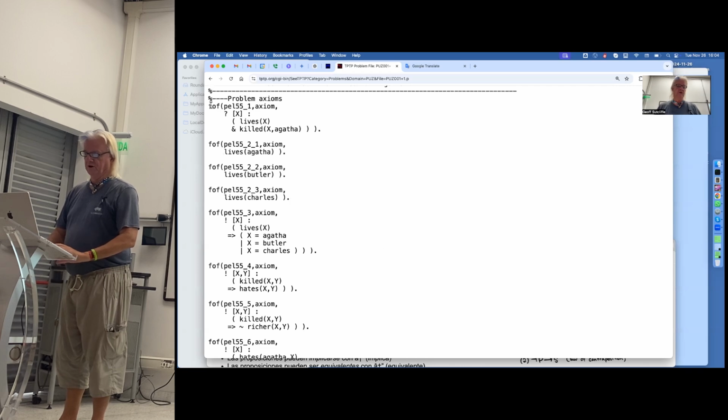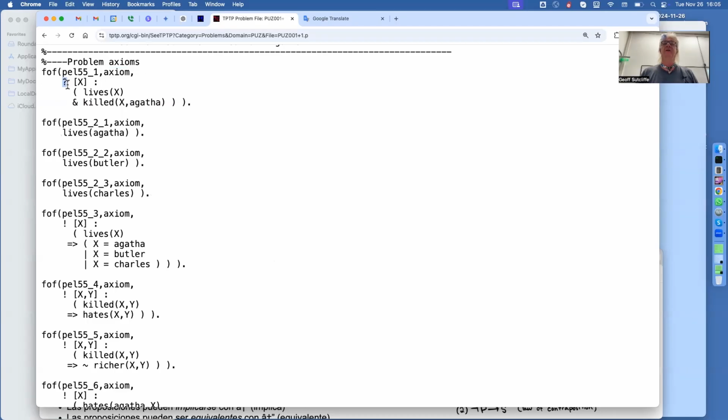And we saw, for example, this is one formula. It's in first order logic. The name of the formula is pel55_1. It's an axiom. It describes part of the world. Question mark in my language means there exists.